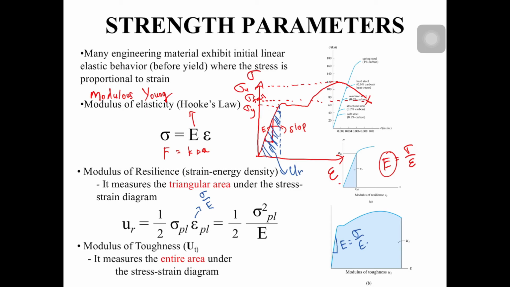Compared with aluminium and steel, steel has bigger E. I think E for steel is 200 gigapascal, and E for aluminium is around 70 gigapascal. So a higher value of E means the material is very elastic.